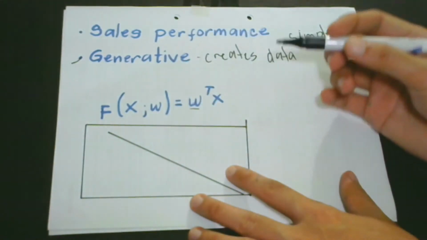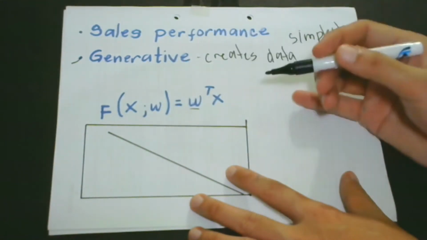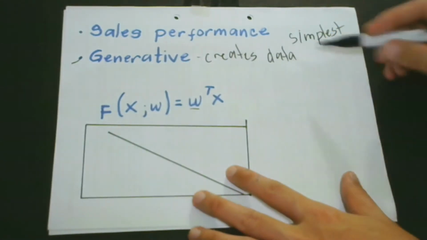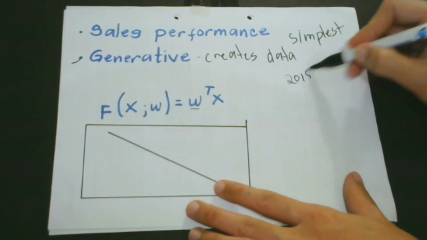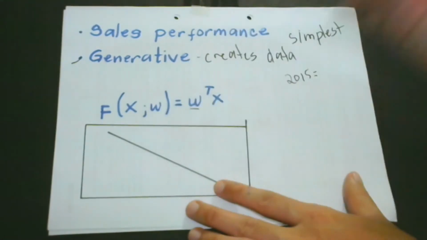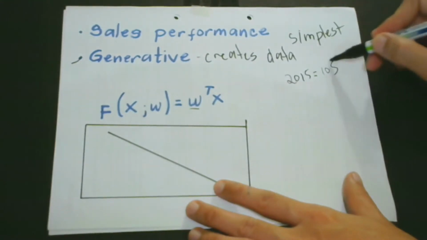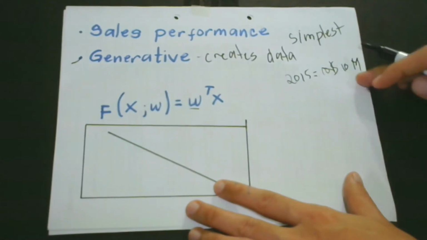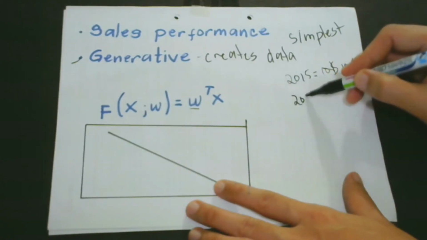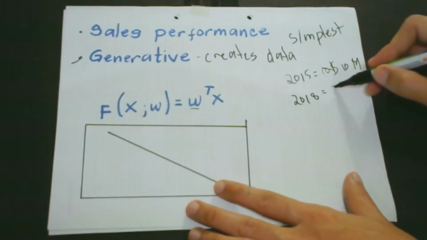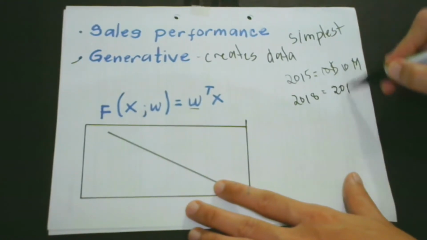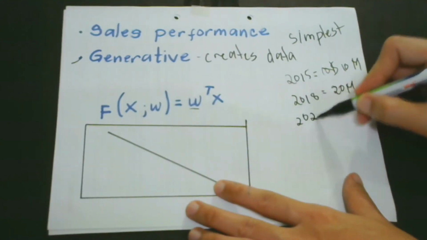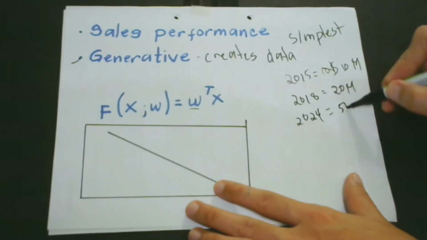So we know exactly that we can generate the value of the sales performance for any certain year. For example, for 2015, this is just an example, this is 10M, 10 million US dollars. For 2018, for example, it is 20M, and for example, our prediction for 2024 would be 50 million.